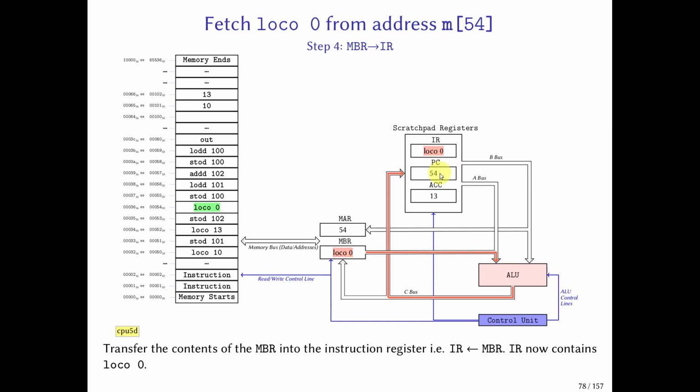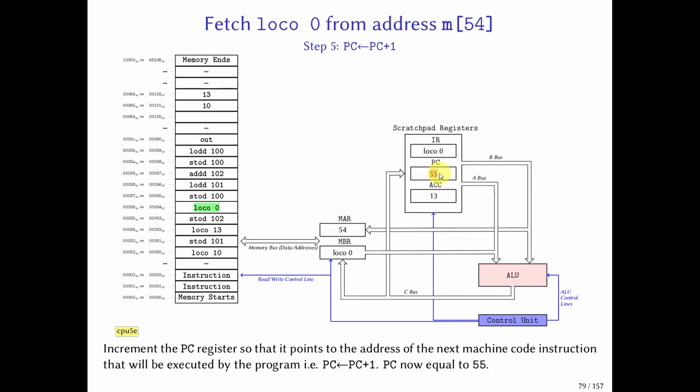And then the fifth and final part of the fetch is for the PC register to be incremented by 1. So now it points to the next address in the sequence of machine code instructions to be executed, which is the machine code instruction that is at cell address or memory address 55.